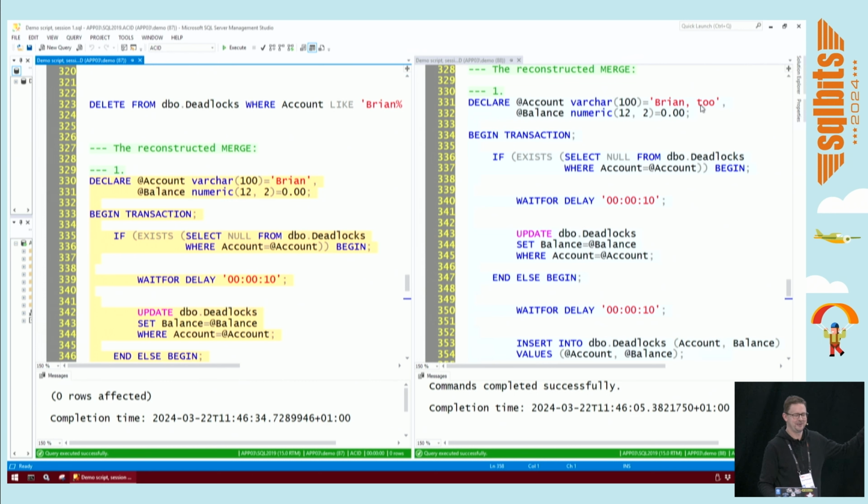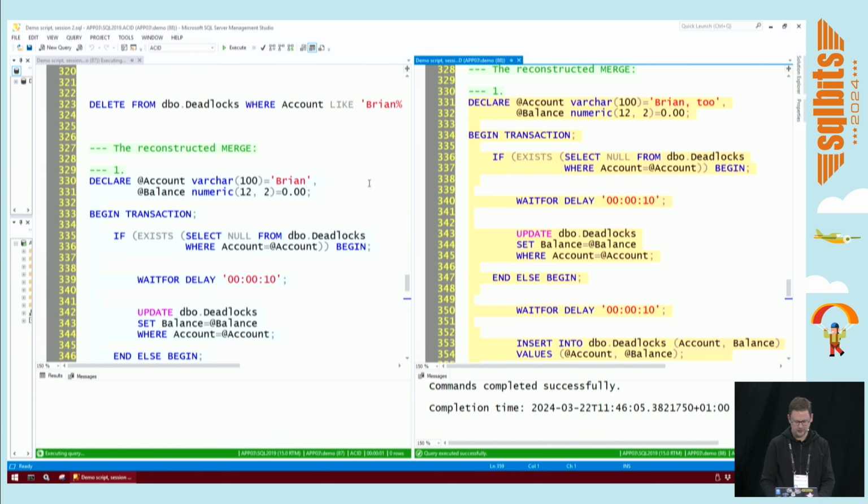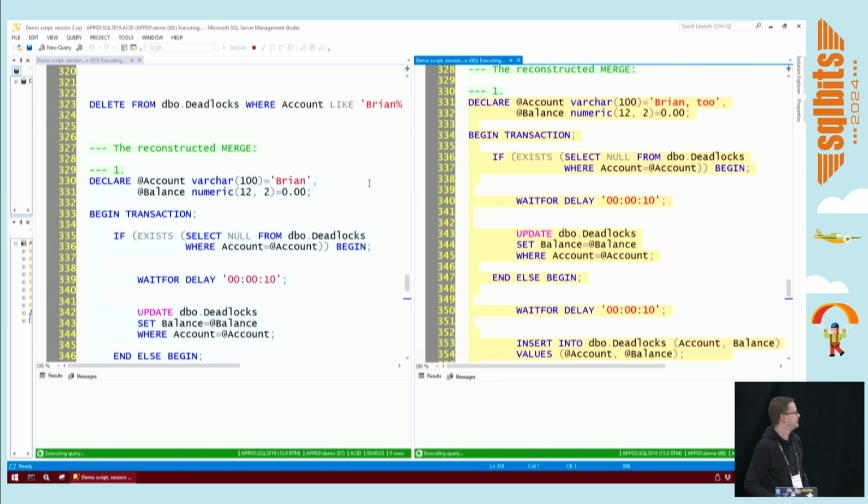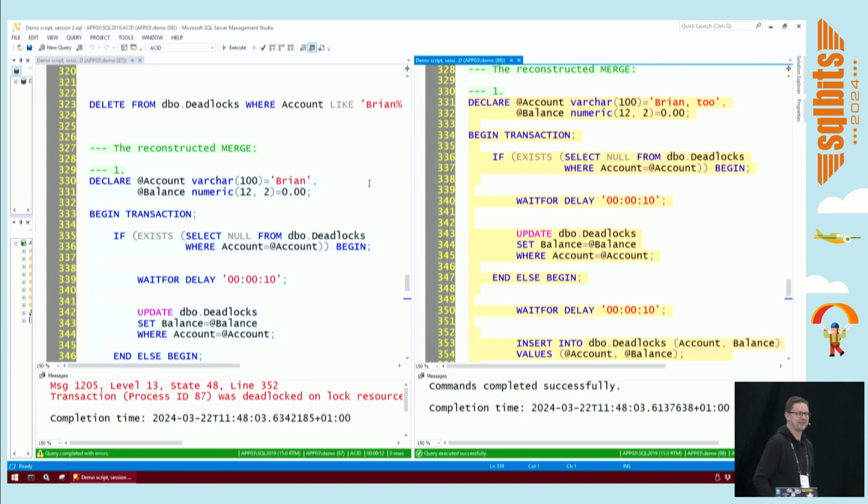So there are two different usernames, I know. I'm going to run this. I'm going to switch over to this. I'm going to run this. And it'll take 10 seconds because I introduced the artificial delay. Seconds is a lot of time. And I get my transaction deadlocked, just as I got in the client environment.